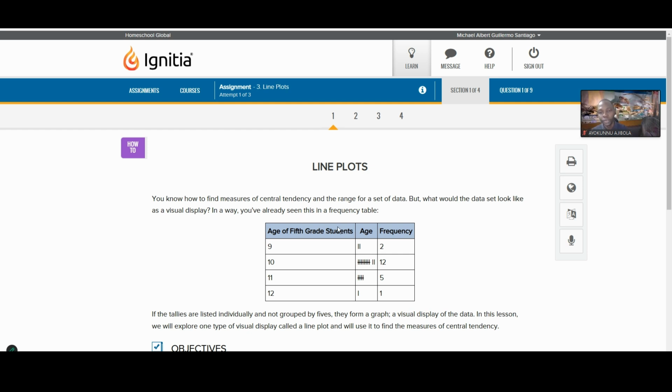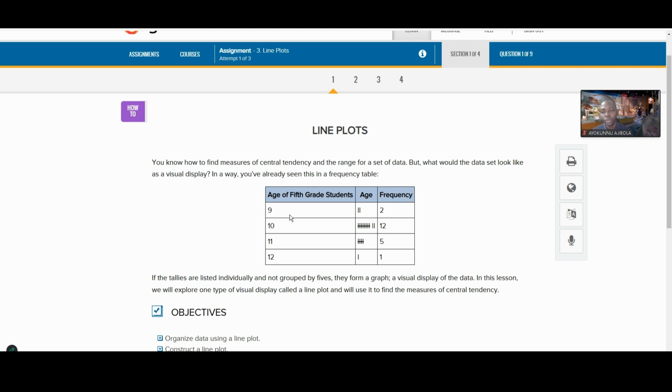In our previous lessons, you must have seen something like this, where we collect data and arrange how many of each value, like 9 occurred 2 times, 10 appeared 12 times, 11 appeared 5 times, and 12 appeared 1 time.